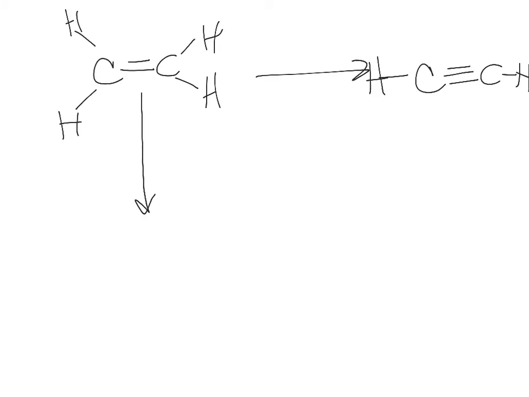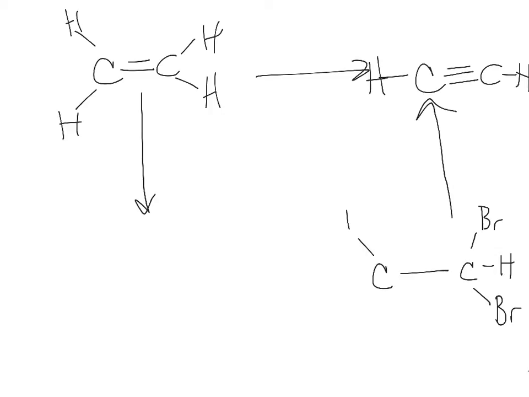First thing we have to do is get our halogens on there, because we know that to make an alkyne, you have to have an alkane with either two halogens at one end or a halogen on each end. So your Brs can be there, or they can be like this.